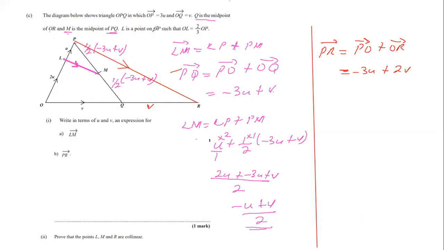I was given the information that Q is a midpoint of OR and M is a midpoint of PQ. So if from O to Q is V and Q is a midpoint, that means from Q to R it should also be V. We get that?